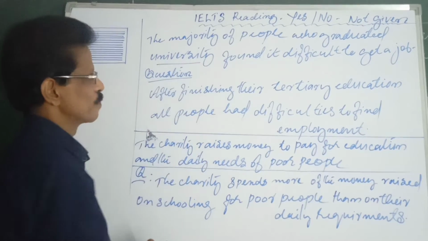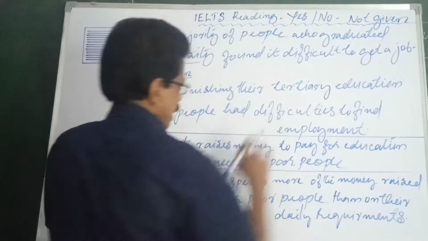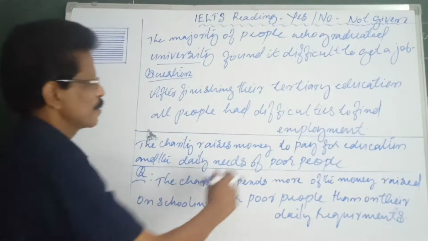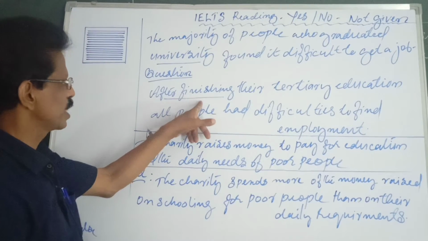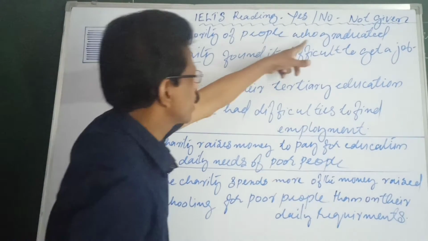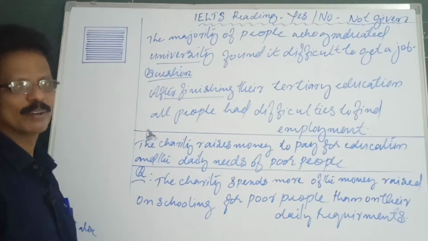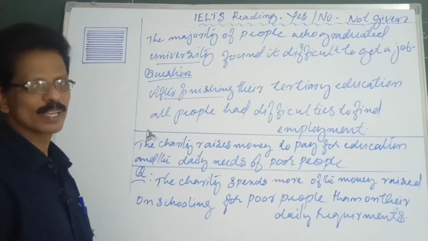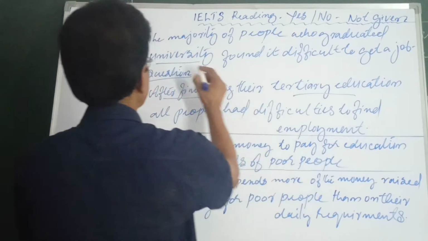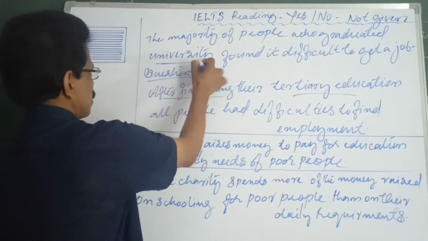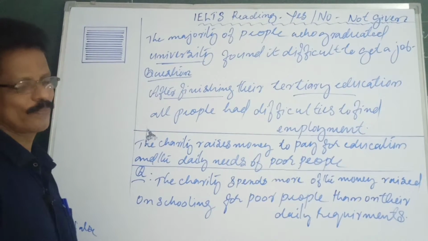University education. So graduated is same as what? After finishing. After finishing is equal to who graduated. Okay, same. So compare. University means university education.